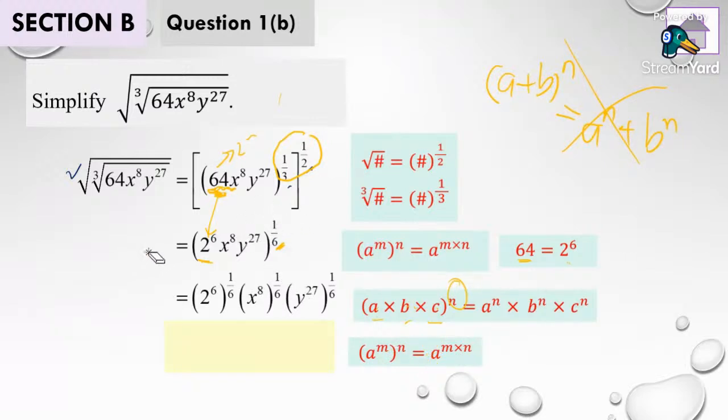So the first one, 6 multiply 1 over 6, I have 1. 2 power 1 is just equal to 2. 8 multiply 1 over 6, I will have 4 over 3 for the power. 27 multiply with 1 over 6, I will have 9 over 2. So there goes the answer. This is the answer I should have. If you want to keep it in the roots form, also okay. But I think keeping it in this indices form will be good enough, although it's in fraction form.